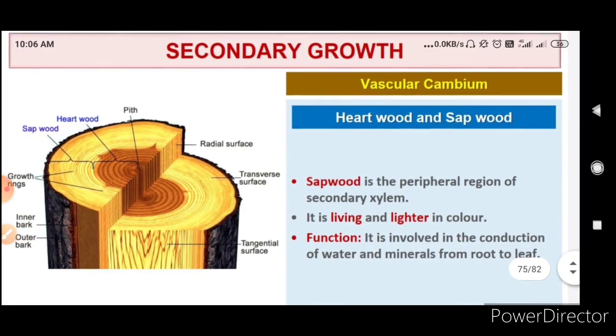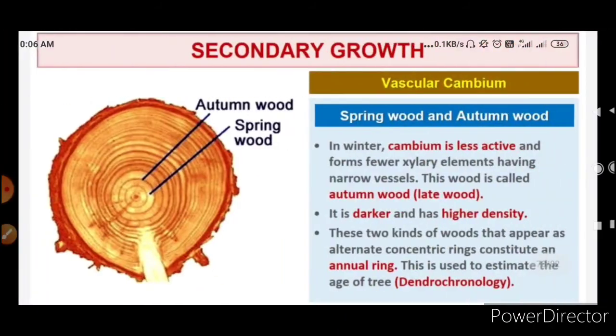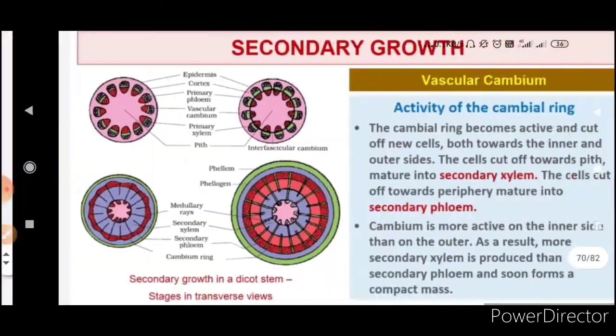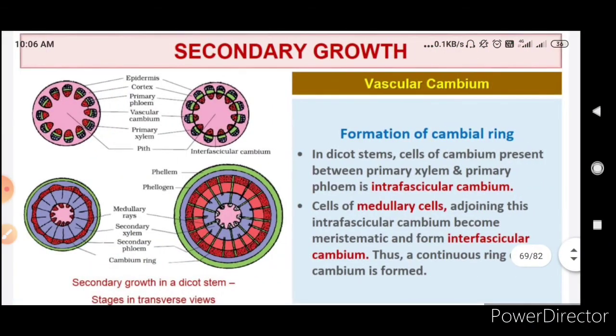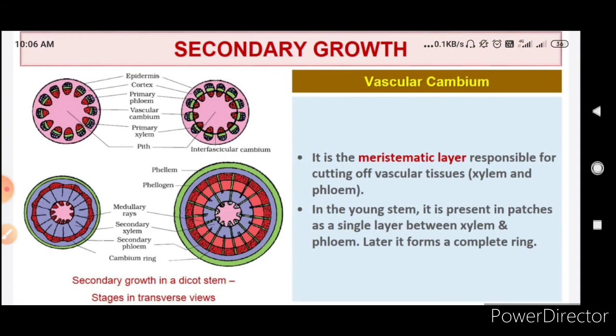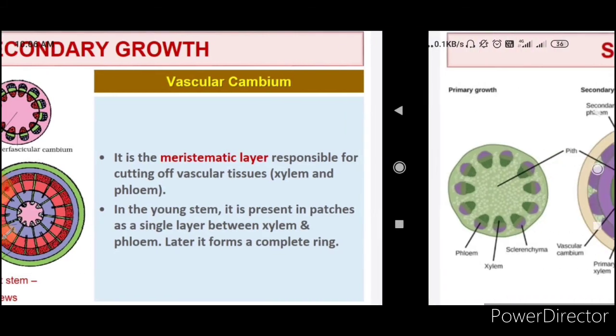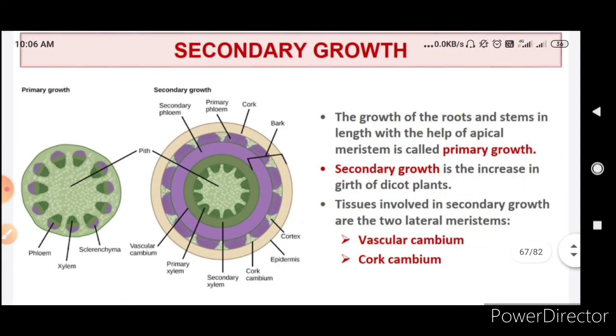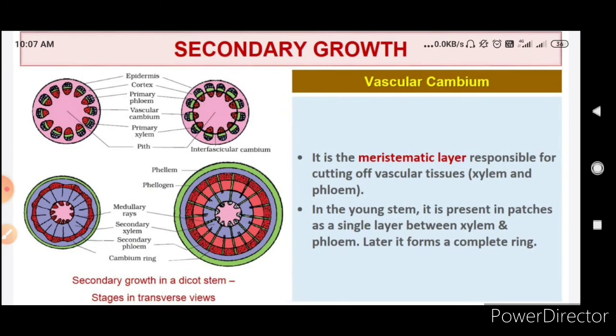So what we saw, when we talk about the secondary growth of the stem, was that in vascular bundles there was a presence of patches of intrafascicular cambium, which with the help of the medullary cells, or meristematic cells, joined to form a cambial ring.